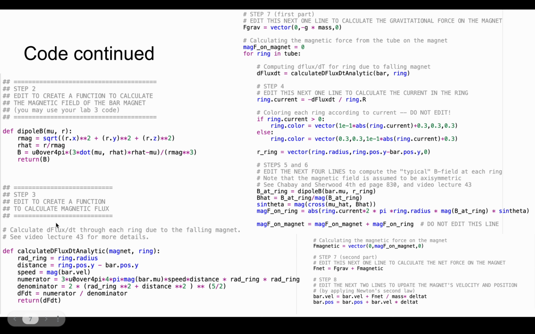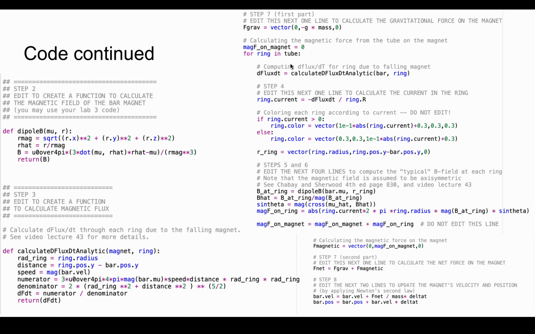And then here's the distance and such. The numerator, you're taking the B field and all the things. And then this is the force of gravity, G times the mass. Negative mg because it's down, that's how gravity works.